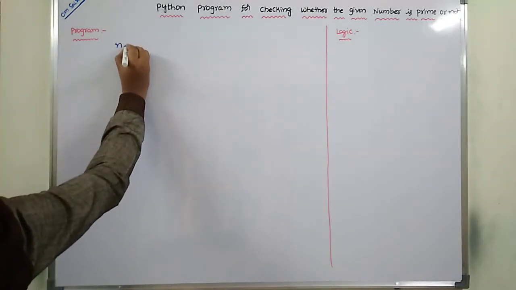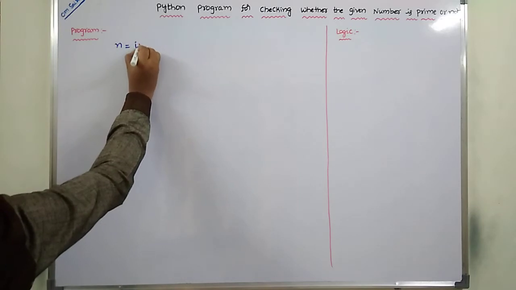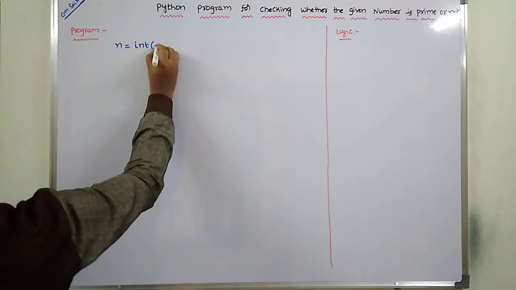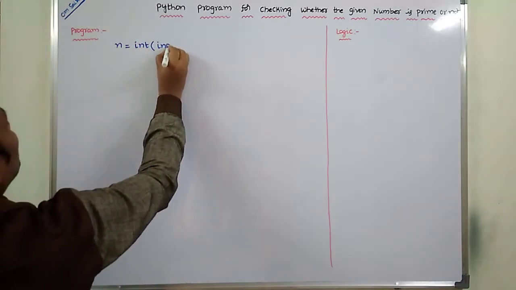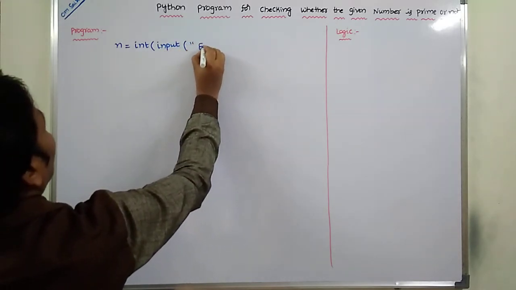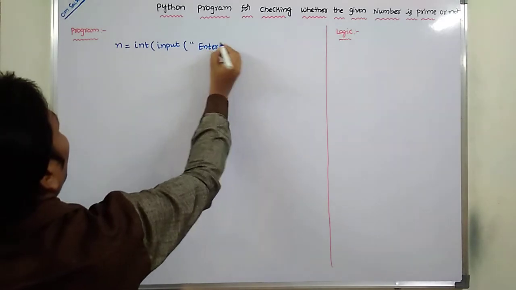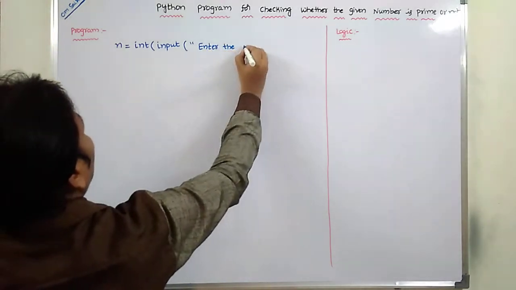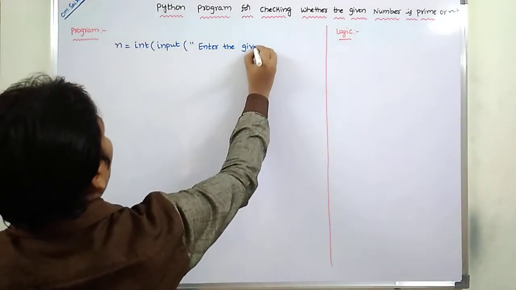So I am taking a variable n is equal to int of input of "Enter the given number".